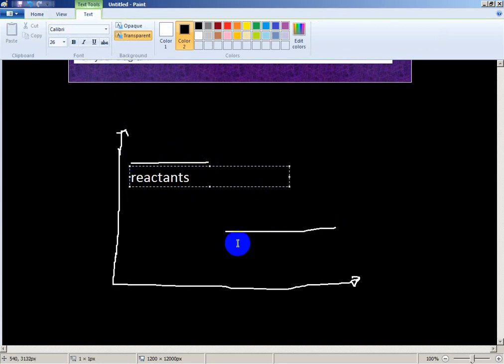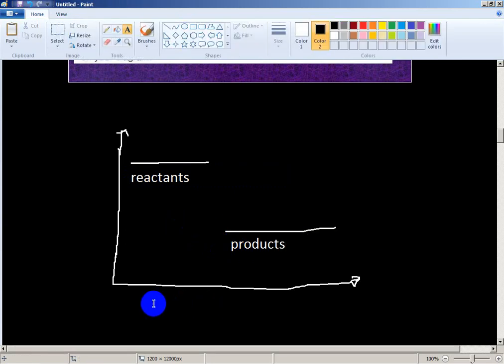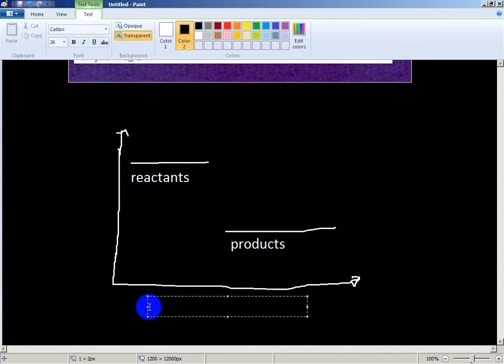The products are here. This is the progress of reaction.